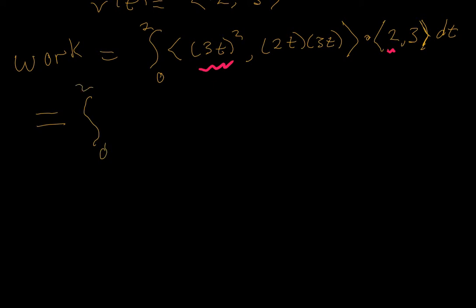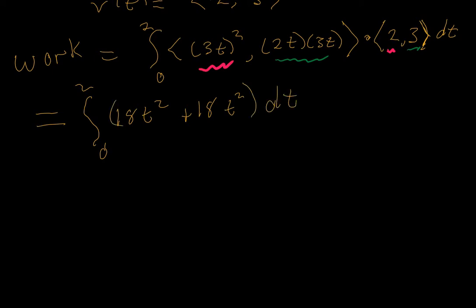So that would be 18t squared. And then this is 6t squared times 3, which is 18t squared, which is exactly the same as the first term. And we'll add those together next.